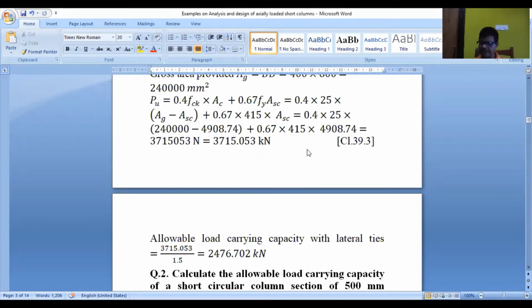On the same page 71, you can find that the strength of these short columns with helical ties is 1.05 times, 5% more than with the lateral ties. So this value is for lateral ties. If you are doing the same problem for helical ties for analysis, just multiply by 1.05, and that will give you the value for the helical ties.